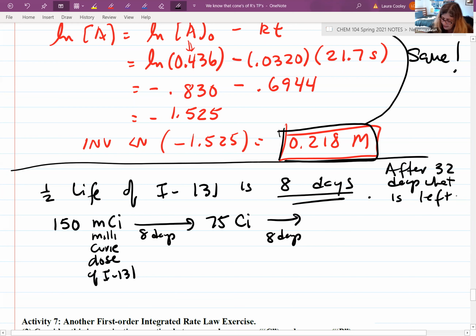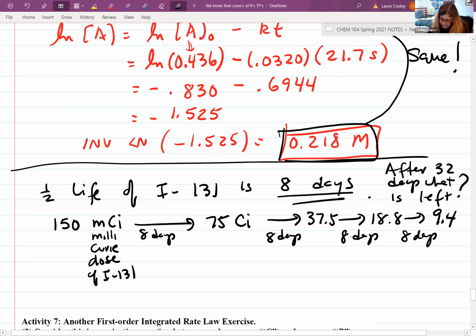What is left? So that's 8, 16. It goes down to 37.5. Another 8 days goes down to 18.8. Another 8 days, 9.4. 8, 16, 24, 32. So after 32 days, 9.4 millicuries are left.